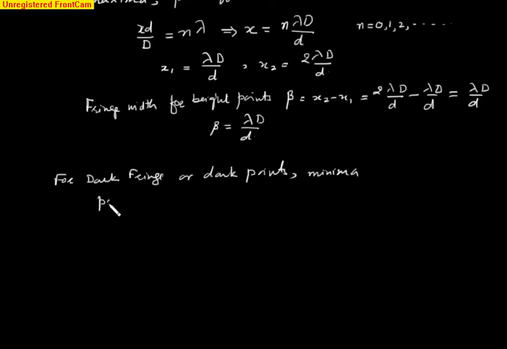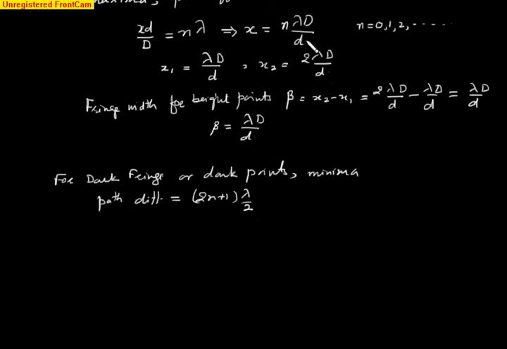We have a path difference condition for minima, that is, the path difference must be equal to (2n+1) lambda by 2.